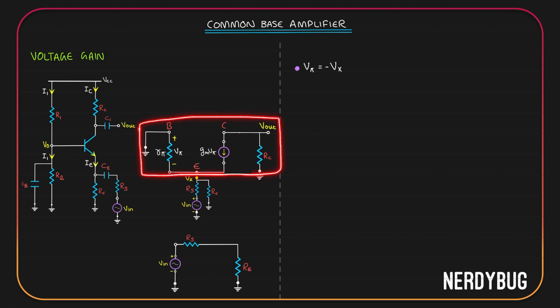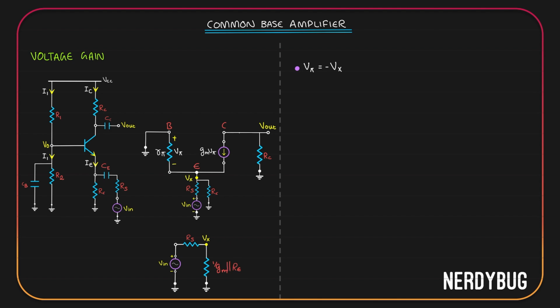So we can model it as a single resistor whose resistance is 1 by Gm, like this. Now this is a simplified version of the same small signal model. Vx is whatever potential we get over here. We can actually make it more simplified. 1 by Gm and Re are in parallel, so we can replace them by one single resistor whose resistance is 1 by Gm parallel to Re.